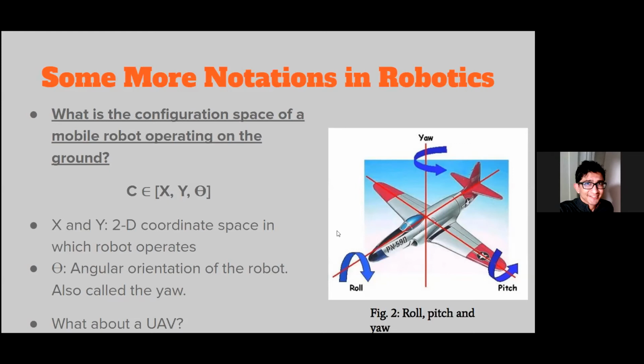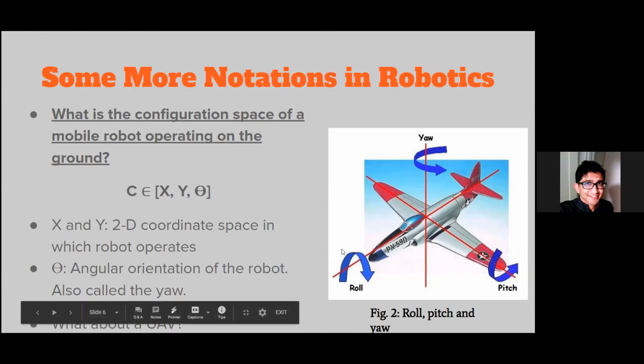I hope you understood how a mobile ground robot has a 3-dimensional C space. You need X and Y to determine the centroid of the robot, and you need theta to determine the orientation. In the case of a UAV, if you're playing a video game that involves flying, you can control your plane in 3 ways.